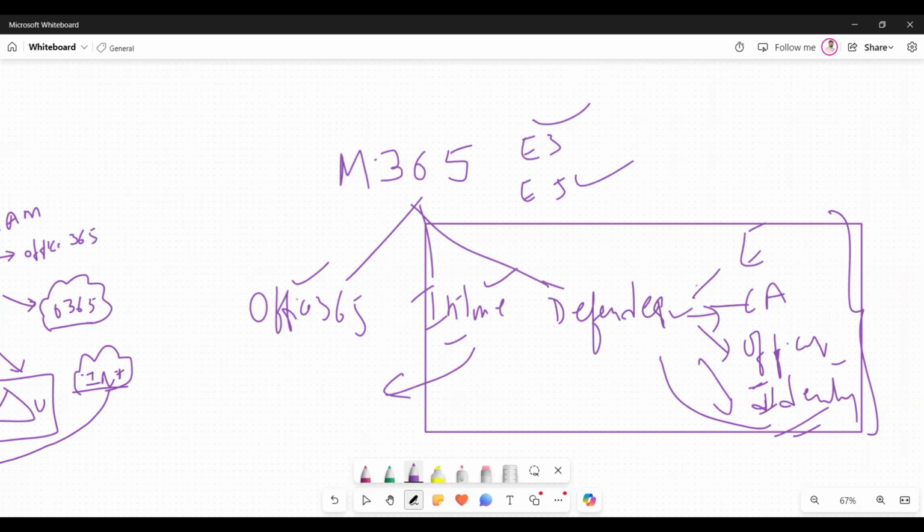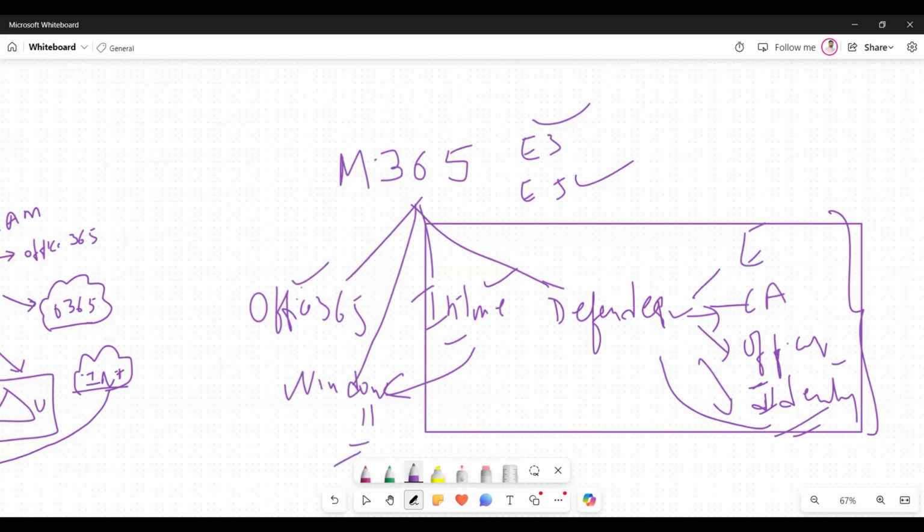But that is not how jobs will be in the future. It's a mixture of multiple things. And with M365, you also get a Windows 11 Enterprise license.